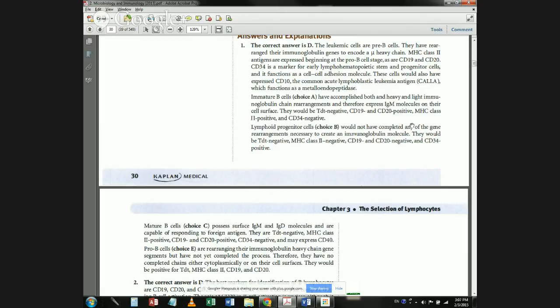They would be positive for TDT, positive for MHC2, and since they decide to be a B cell, they're going to be CD19 and CD20 positive. And since they are a B cell and an antigen presenting cell, they're MHC2 positive. TDT because we're making heavy chains.